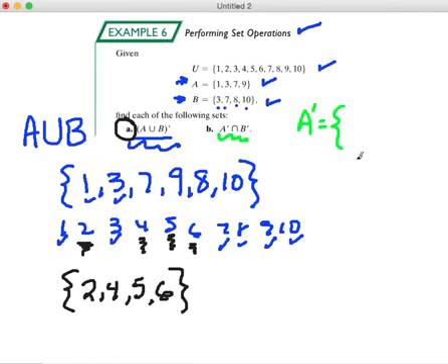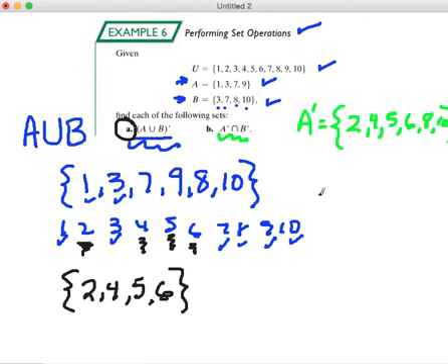Well, it's everything in U that's not in A. So if you look back at U, 1, 2, 3, 4, 5, 6, 7, 8, 9, 10, let's look at A. I don't have a 2, 3, 4, 5, 6. 7, I have a 7. 8, I don't have. 9, I have a 9. Then 10, okay?